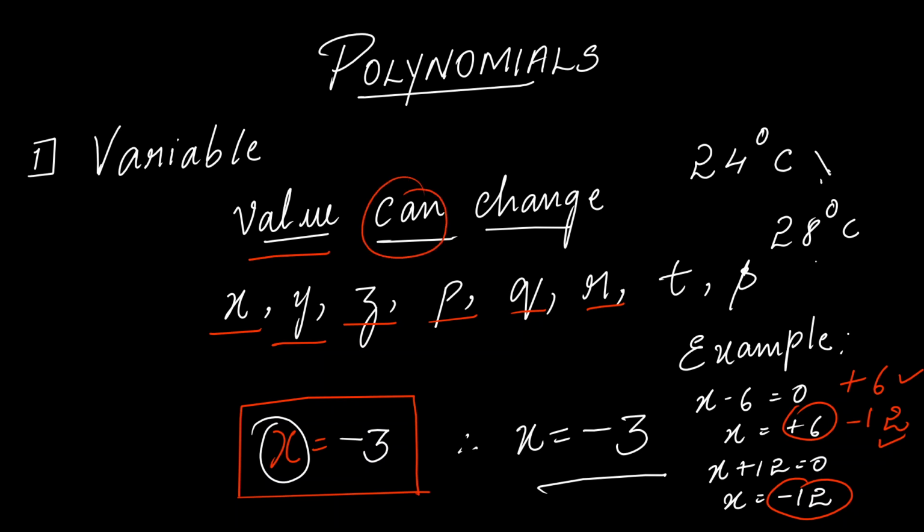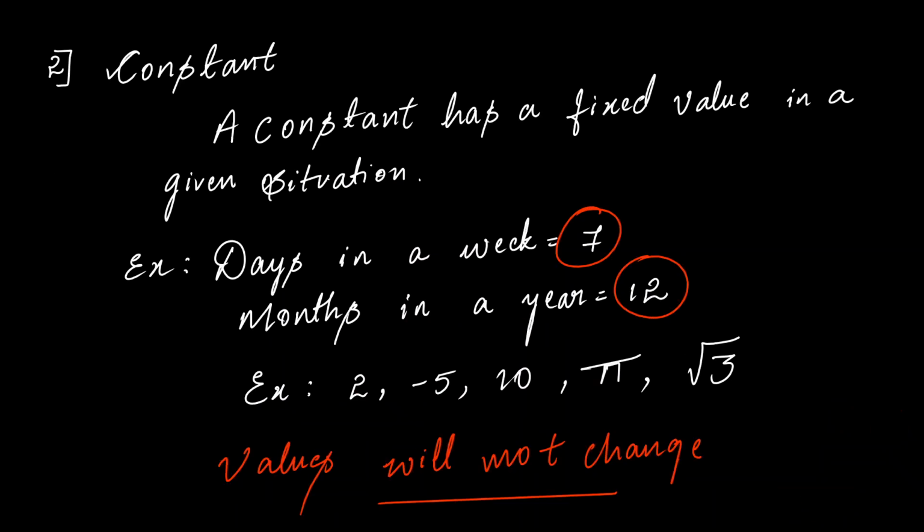Sometimes it might be 6, sometimes 7, 12, sometimes minus 15 or it might be pi or anything. So the x value keeps on changing. So it is called a variable, and the number that doesn't change its value is called a constant. Its value will not change at all. So now you understand the difference between the variable and the constant.